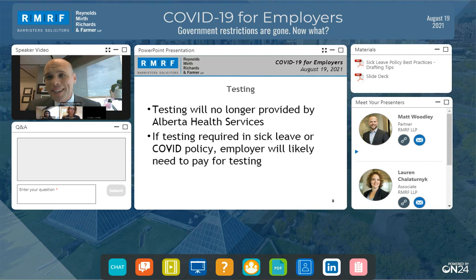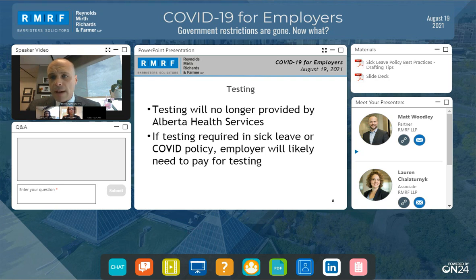Here's where you go. Because many employers will not want to be in a position where they're actually administering the tests themselves, and individuals may have to be directed to a particular location or a lab to actually undertake those tests.